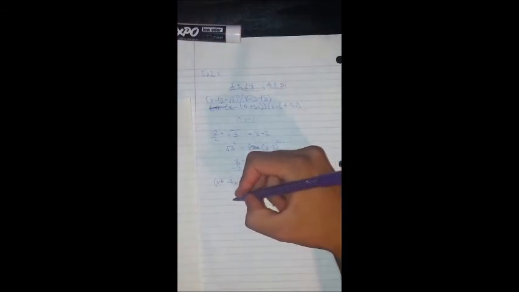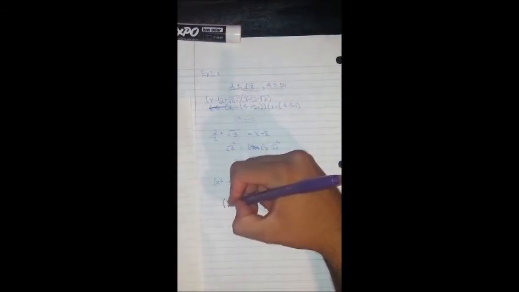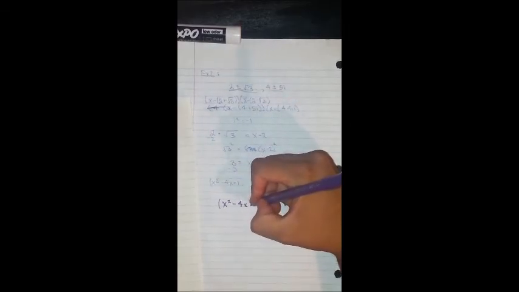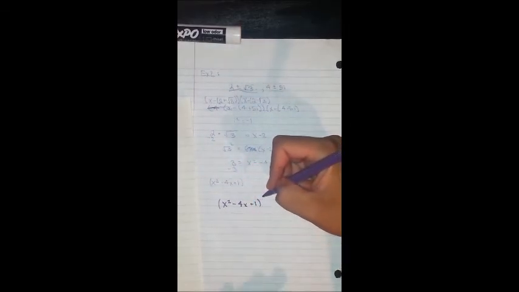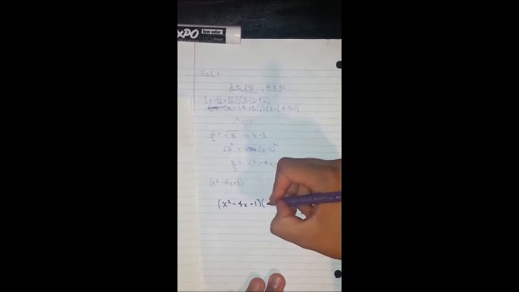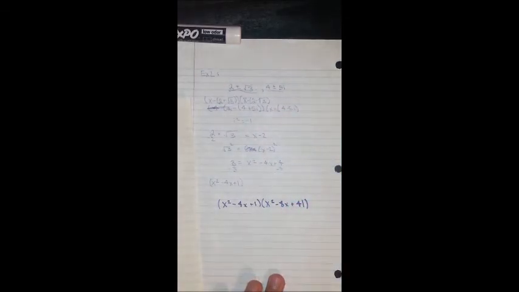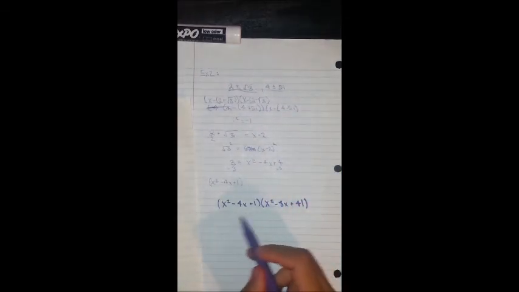So now you have the equations x squared minus 4x plus 1, and now you're going to multiply that by x squared minus 8x plus 41. So when you multiply this whole thing out, you're going to get a really big answer, of course.